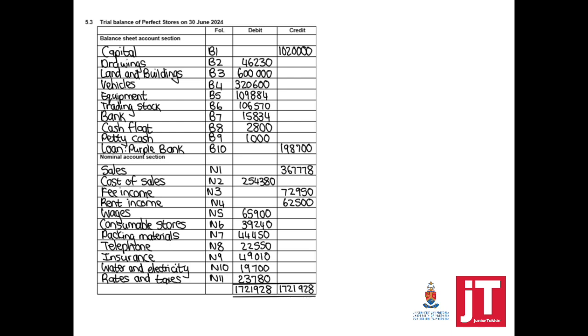If it's not the same, you've made a mistake, and then you need to go back and check the general ledger. Didn't you make a mistake in the general ledger, or posting from the general ledger to the trial balance? If you cannot find a mistake there, then you need to go back and have a look. What have you done from the journals to the general ledger? Maybe somewhere in that process you've made a mistake.